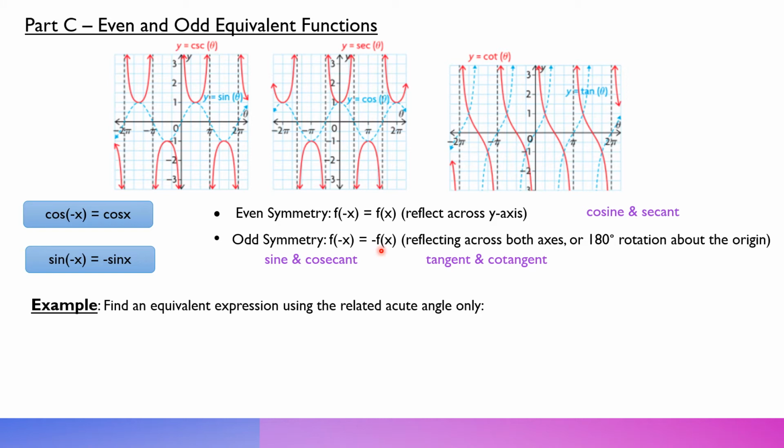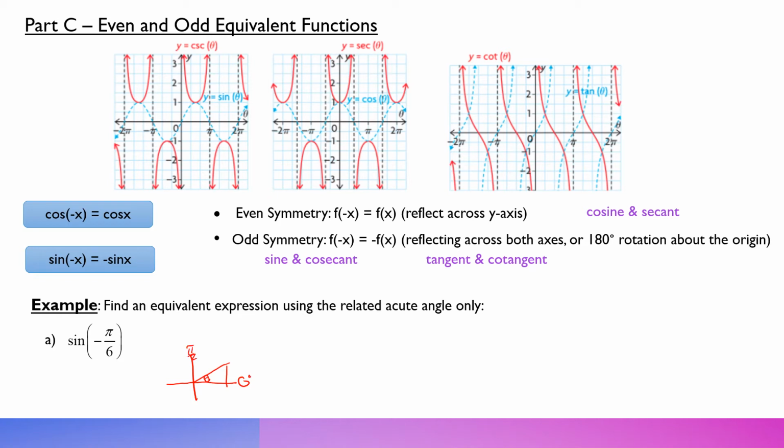Let's try an example. Find an equivalent expression using the related acute angle only for sine of negative pi over 6. Related acute angle. Remember what that means. Related acute angle is, put it right down here, an acute angle is always measured between 0 degrees and 90 degrees or pi over 2.